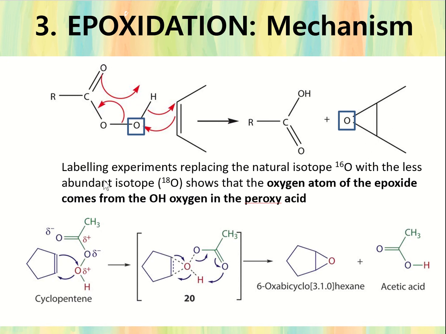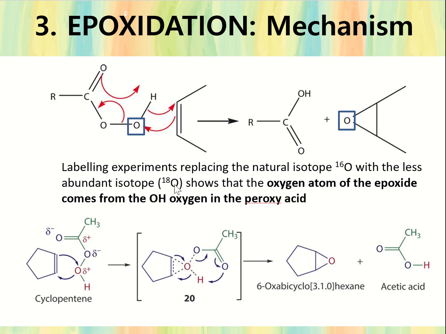Now, as you would recall, in the labeling experiment that was done here as well, replacing the natural isotope oxygen-16 with the less abundant isotope oxygen-18 shows that the oxygen atom of the epoxide comes from the OH oxygen in the peroxy acid.